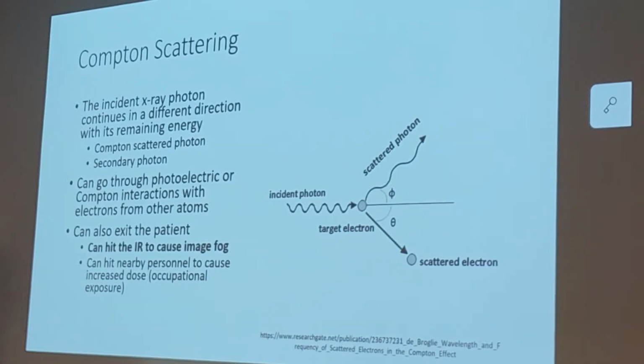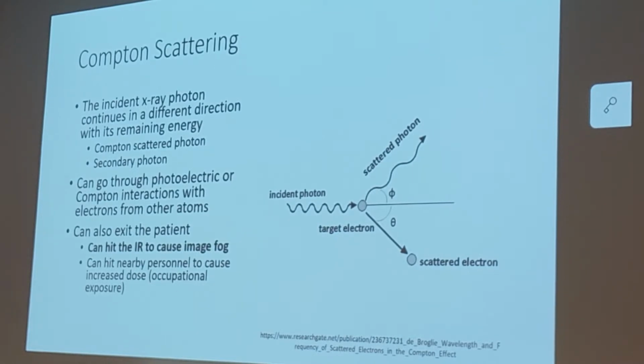Yes, anything that's scattered affects the IR with bad image quality, and it occurs with occupational exposure as well. The initial X-ray photon is called the incident photon, correct? It hits the matter and creates a scattered photon, also known as a scatter photon, which reduces IR fog or causes occupational exposure.